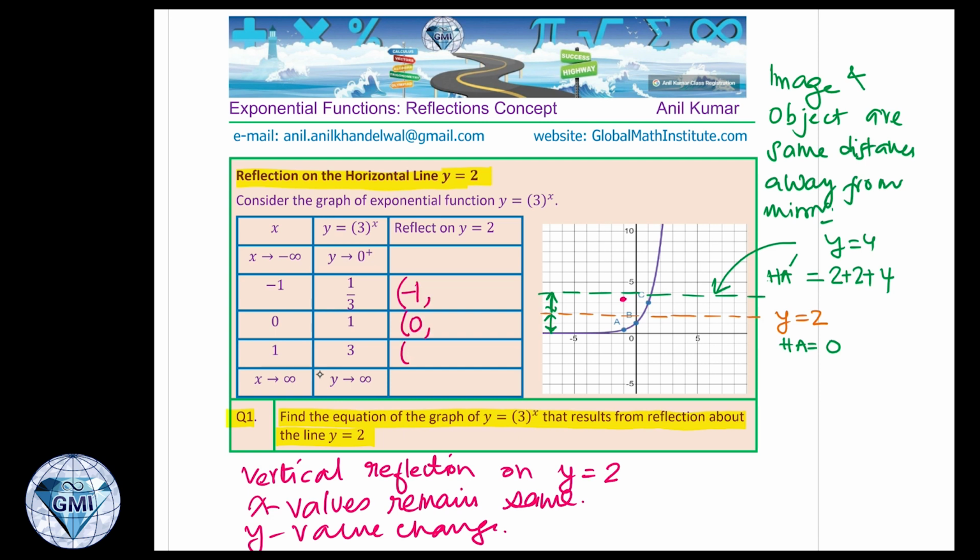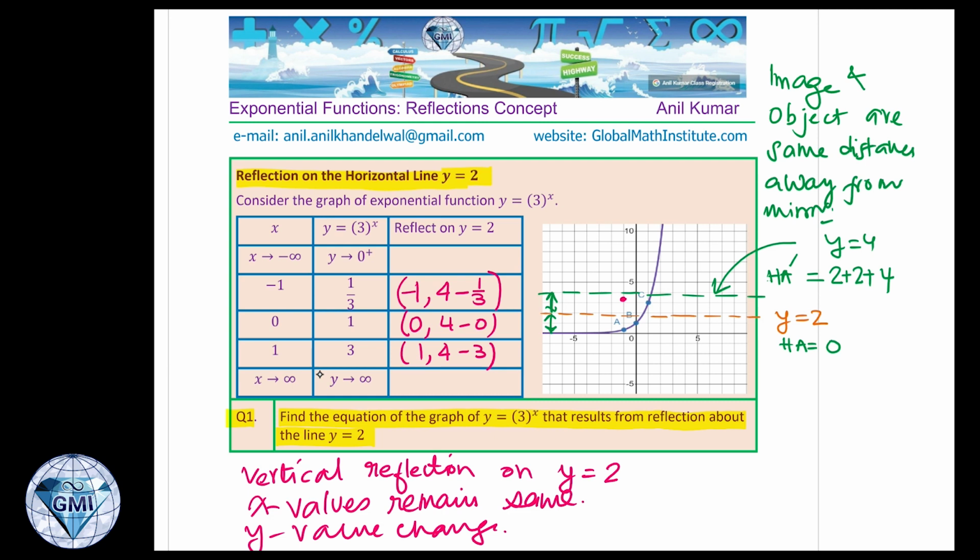So these three will remain the same. Now let's figure out what happens to the y value. Well, clearly, what we saw here is that the y value will be 4 minus 1 over 3. Is that clear to you, right? And in this case, it will be 4 minus 1, and then it will be 4 minus 3. Is that clear to you? So those are going to be the new y values.